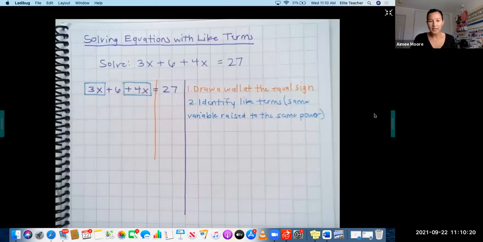Now that we've identified our like terms, we're going to combine like terms on the same side of the wall.